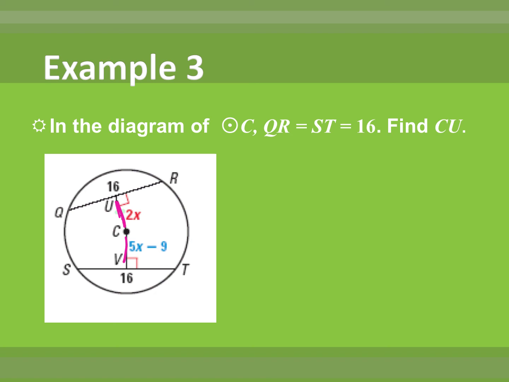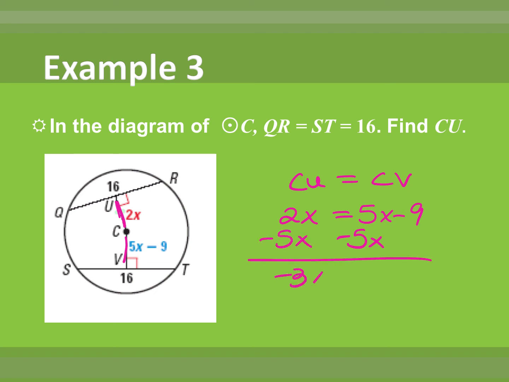So in order to find the value here, I could say CU equals CV, and I can plug in 2x is equal to 5x minus 9. I'm going to go ahead and get my like terms together. Doesn't matter which way you move it. You just need to get an x on one side and your number on the other.